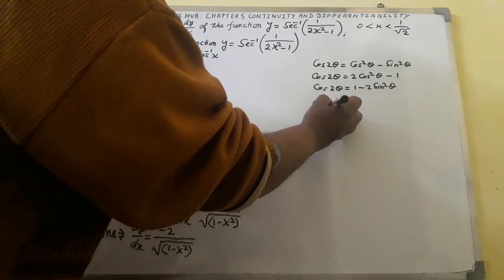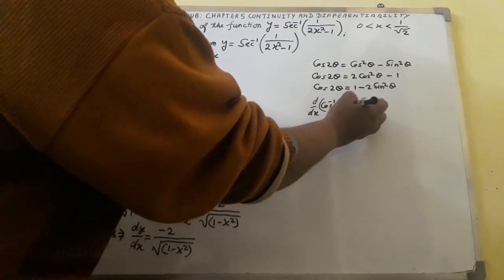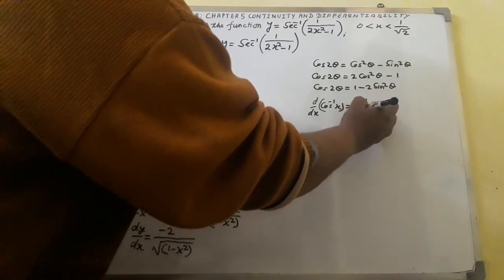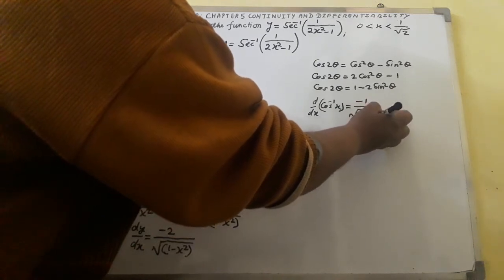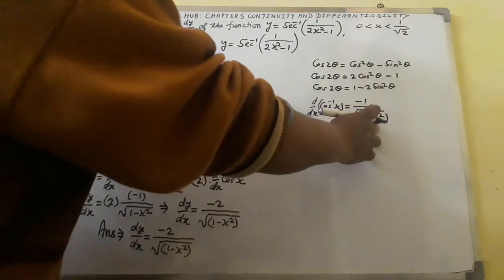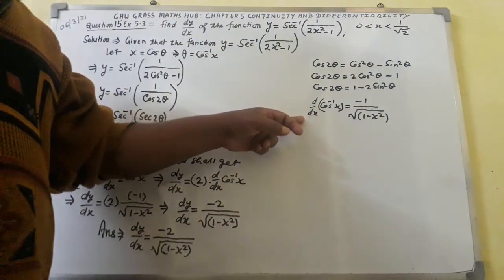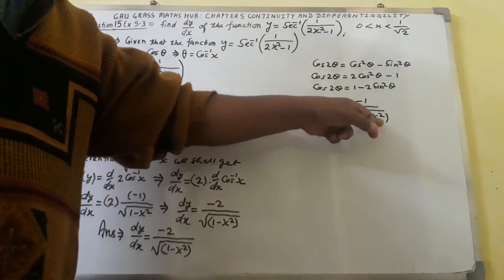This is the formula you must remember: d over dx of cos inverse x is equal to minus 1 over under root 1 minus x square.